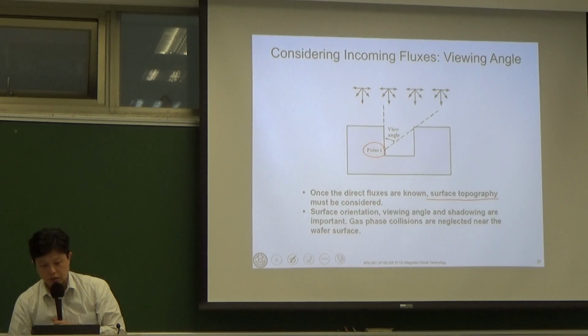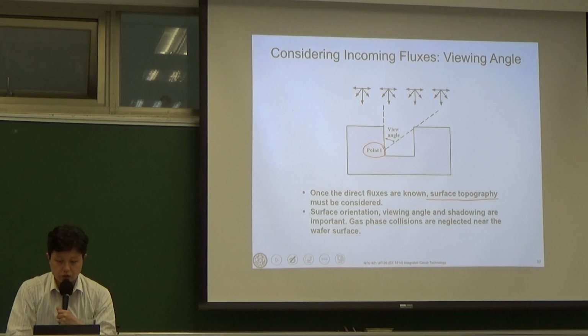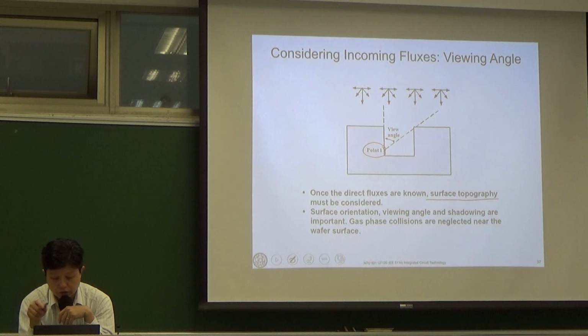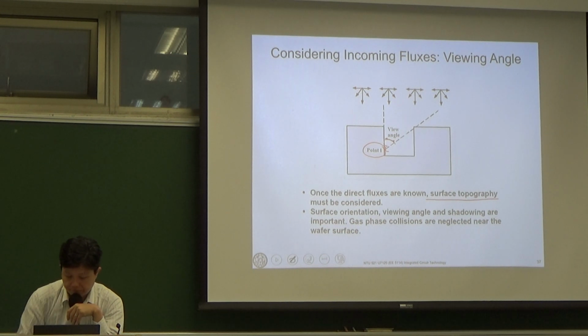Now we need to consider the surface topography. From a certain point i here, there are view angles, and this viewing angle and shadowing effects become important, and also the surface orientations.